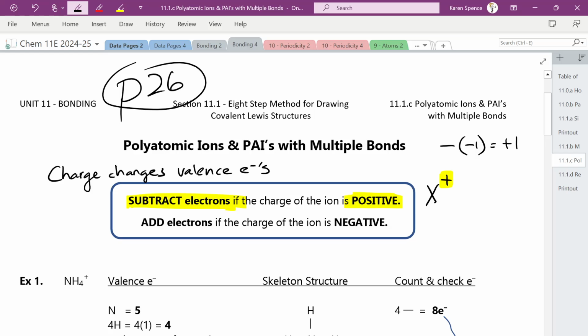So to make an ion positive, you need to take away an electron. Does that make sense? If it was 2 positive, you would take away 2 electrons.